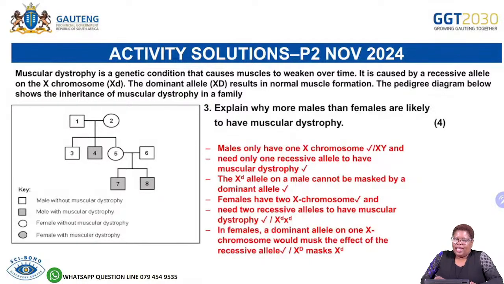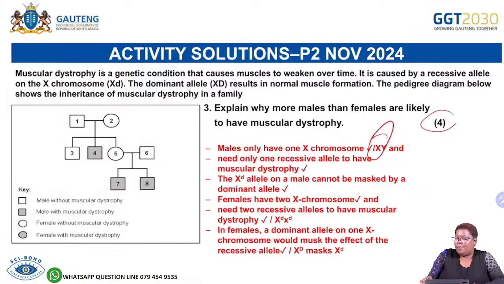So if we are to explain why more males than females are likely to have muscular dystrophy, just think of those chromosomes. XX has more chances, XY, right? Males only have 1 X chromosome.